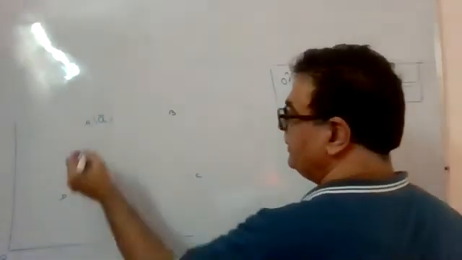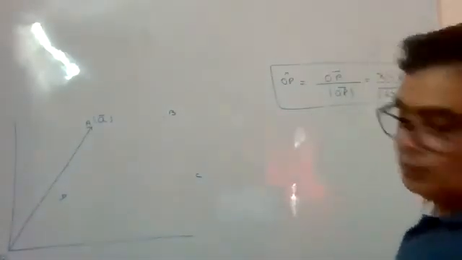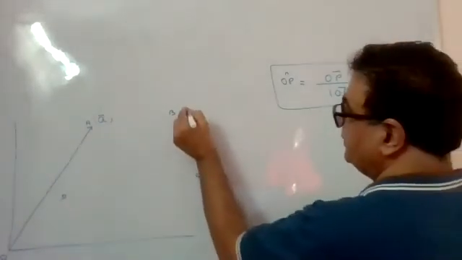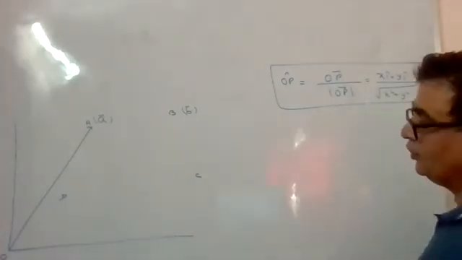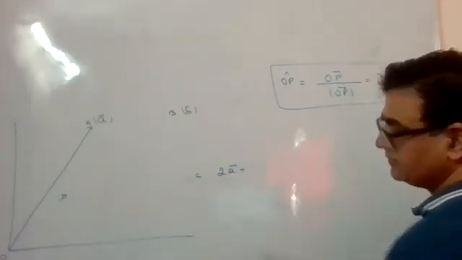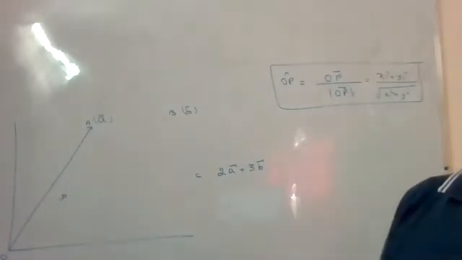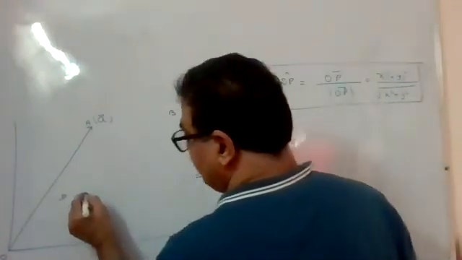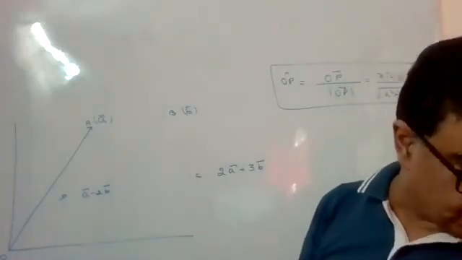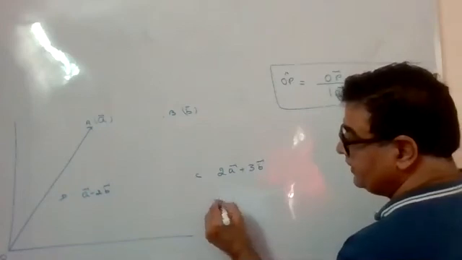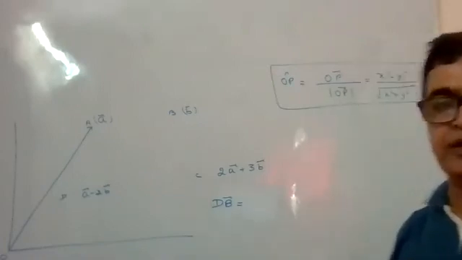Position vector of A will be A vector, means ये वाला vector A. Position vector of B is denoted by B. Position of C is denoted by 2A plus thrice of B. And position vector of D is A minus 2B. My question is, find out what is DB vector.